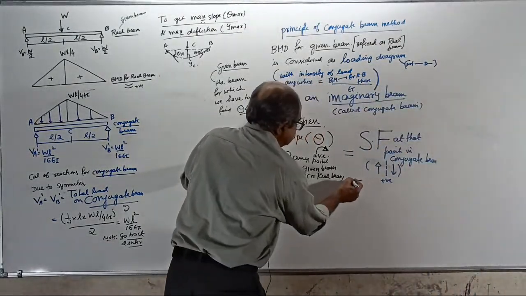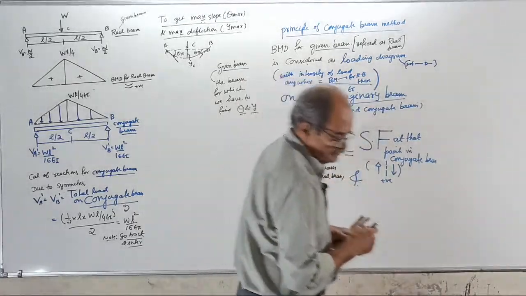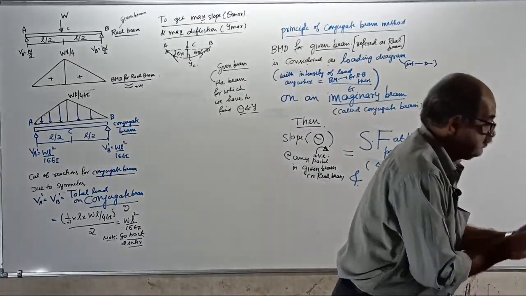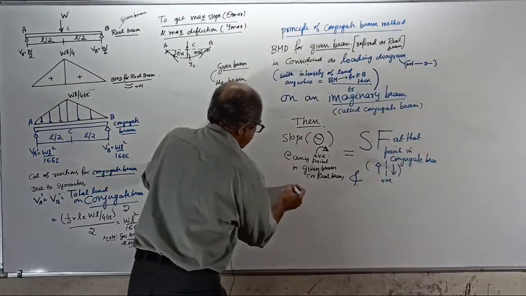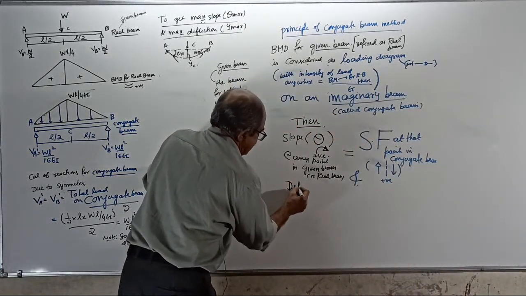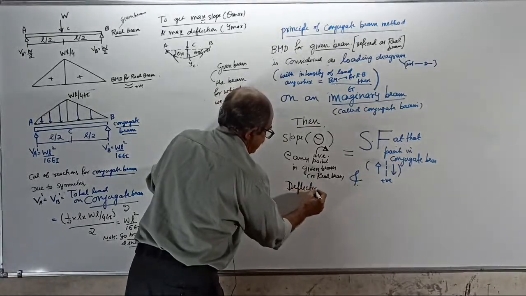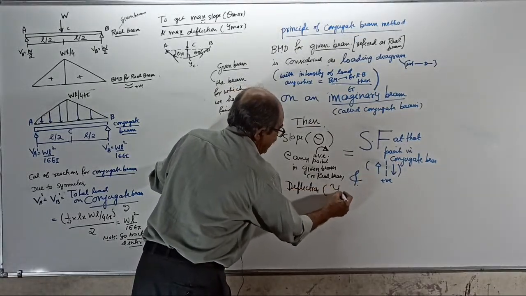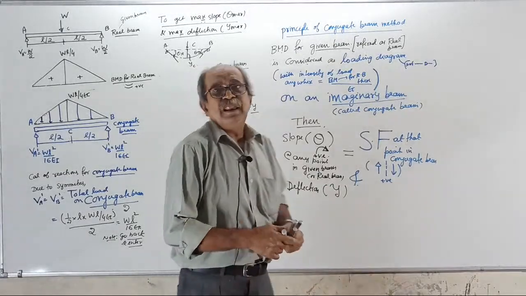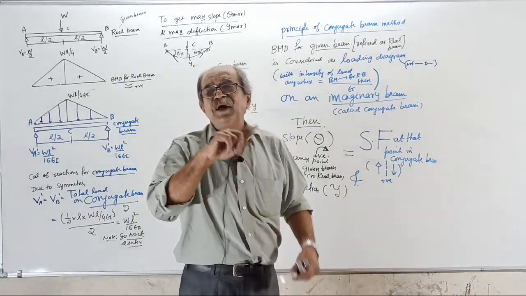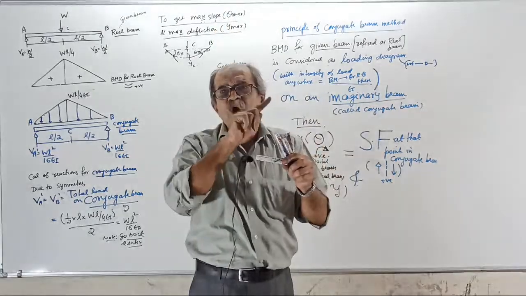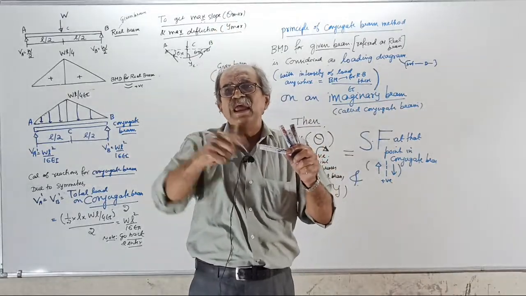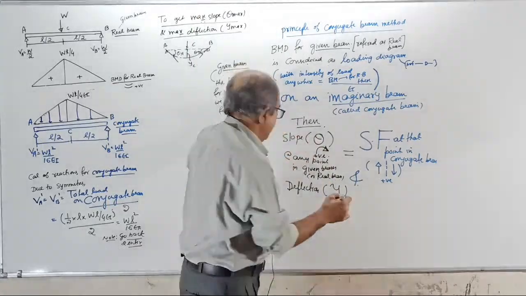And deflection, that is y. In Macaulay's method, y is upward positive, but in conjugate beam method, y is downward positive. Be careful.